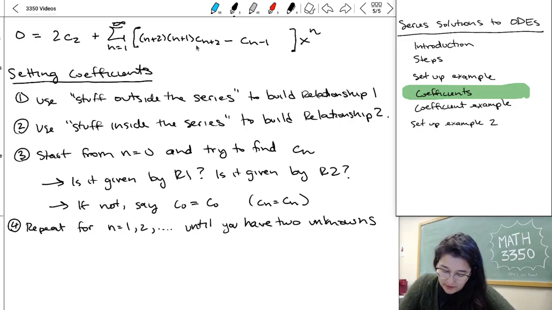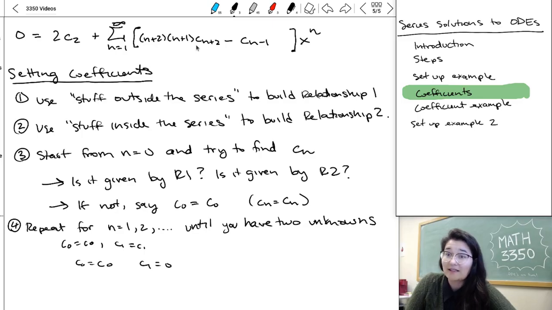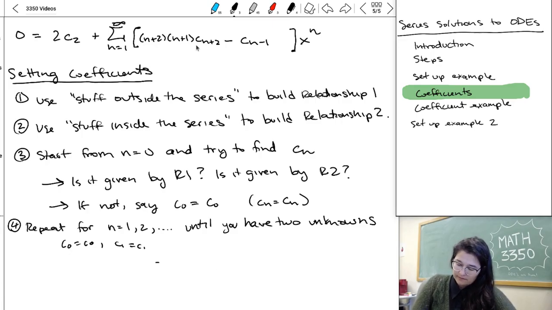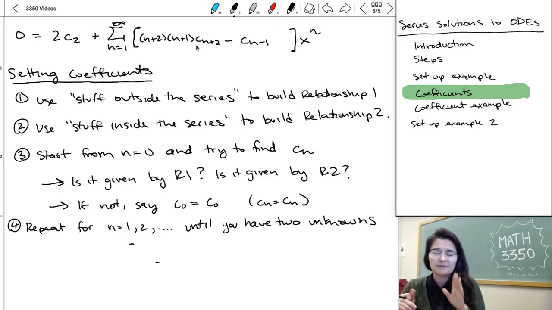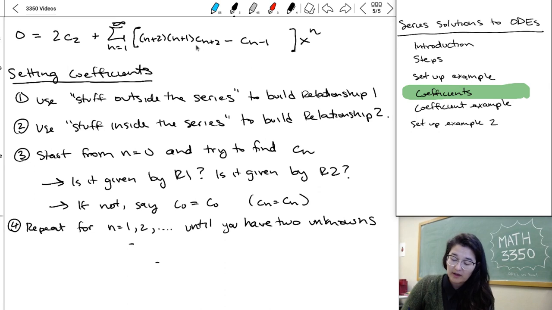So for example, that can look like C0 equals C0, C1 equals C1, or C0 equals C0, but then you find C1 is 0, so then you keep going until you hit C2 equals C2. But once you have those two unknown constants, you can keep going in this process, but you'll never need to use this lower item. You will always be able to find future C's using R1 or R2.